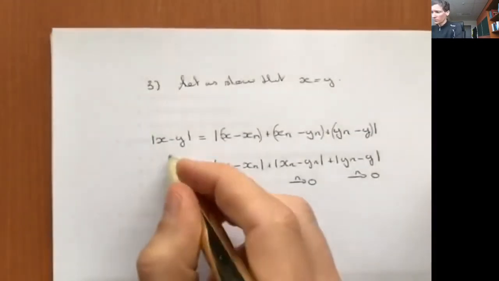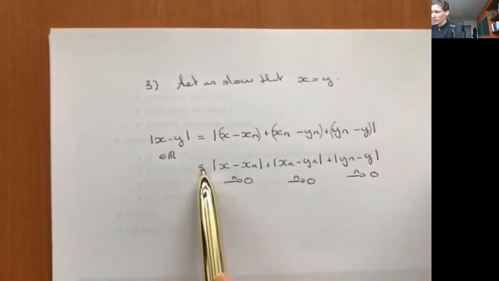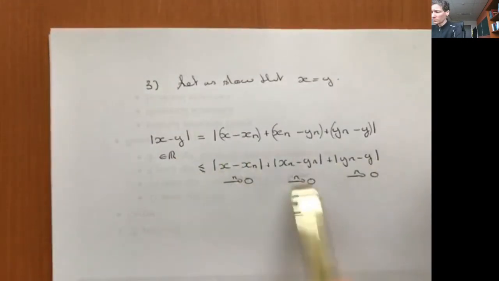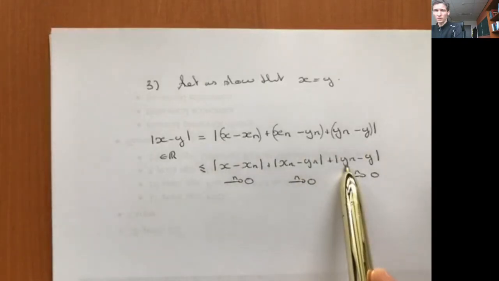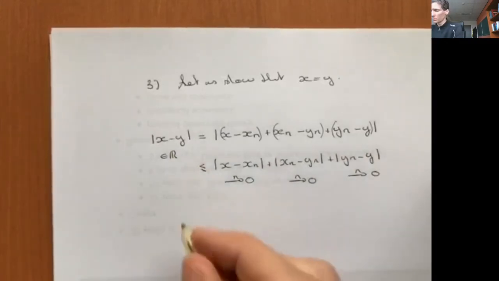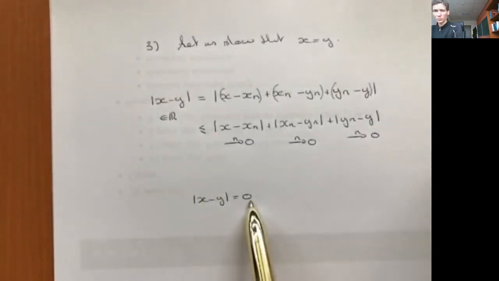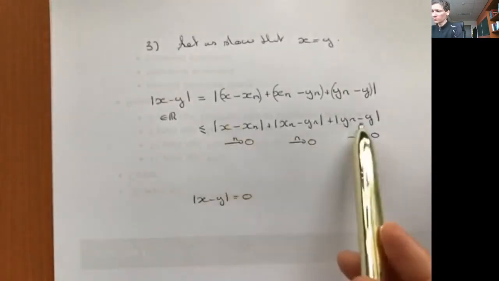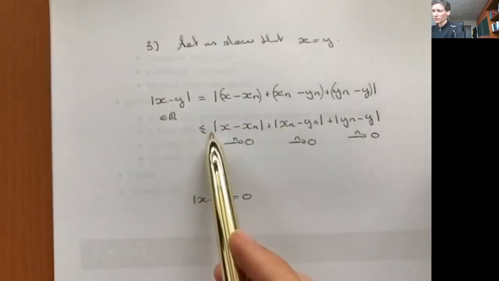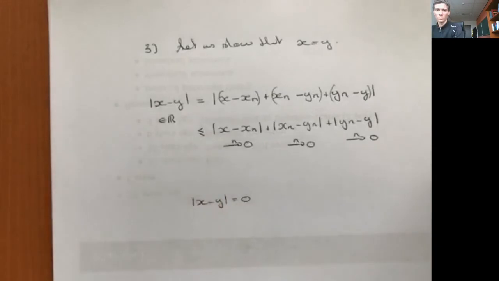On the left hand side we have a number, and it's less or equal to a sequence of numbers that converges to 0. A number is less or equal to something that goes to 0 if and only if x minus y is equal to 0. If x minus y were strictly positive, then I could go far enough into the sequence such that I'm actually below that strictly positive number, which would violate this inequality.